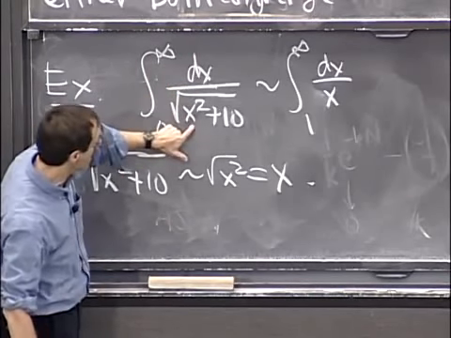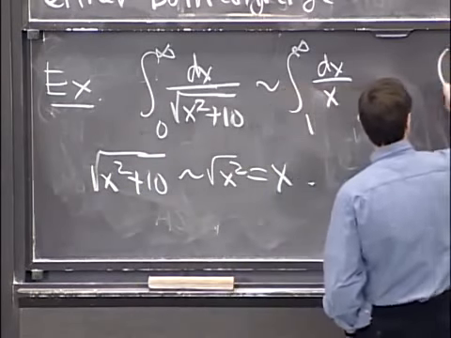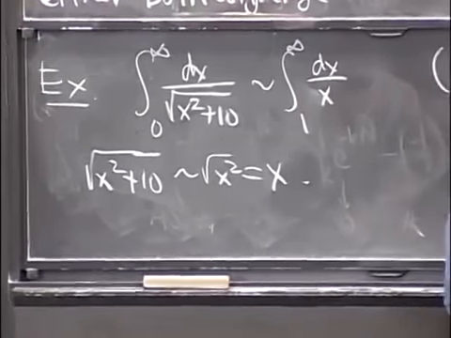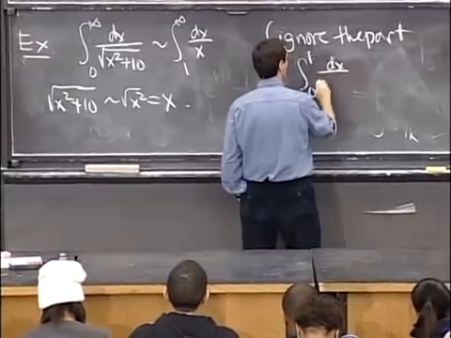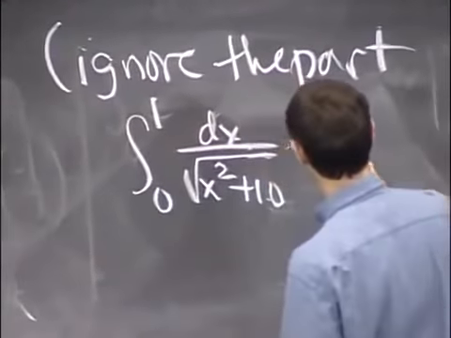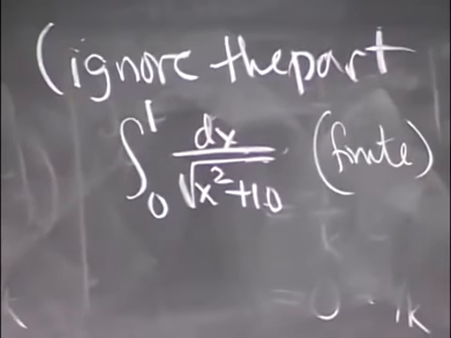This guy here, the piece of it, we're going to ignore the part, the integral from 0 to 1 dx over square root of x squared plus 10, which is finite anyway and unimportant.